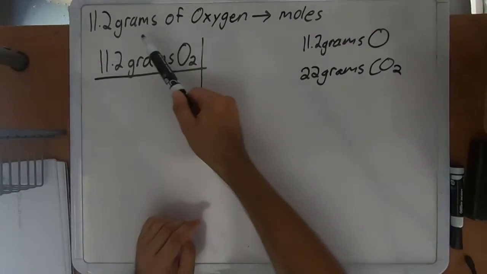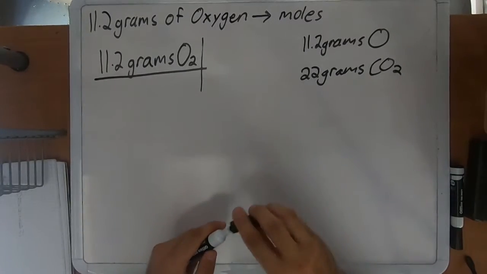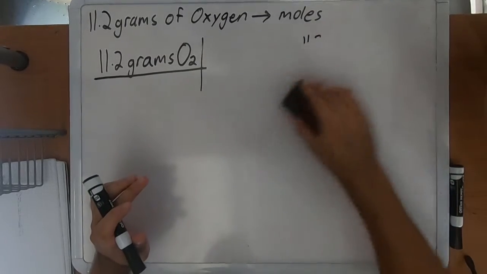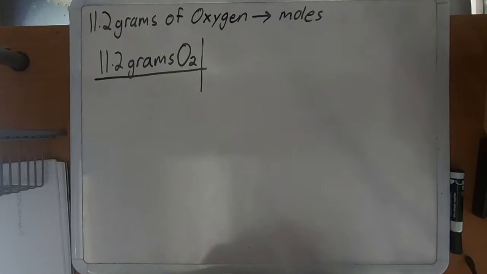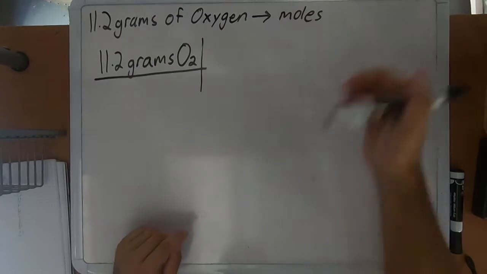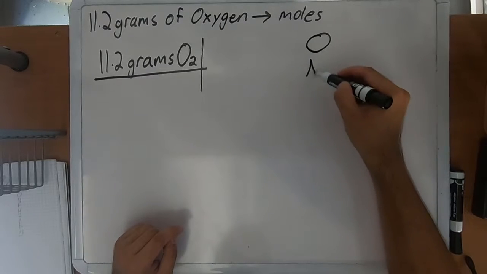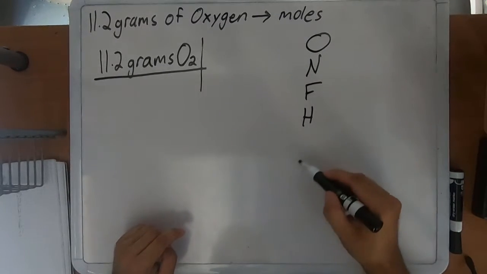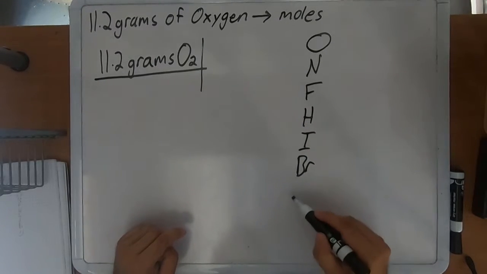But when they write down just oxygen, we need to assume that there's two of them because in nature, or usually, oxygen appears in two. It's a diatomic element. And diatomic elements include oxygen, nitrogen, fluorine, hydrogen, iodine, bromine, and chlorine.